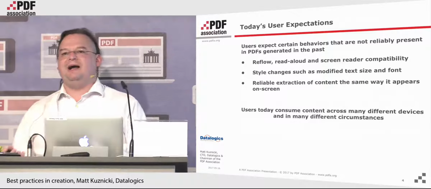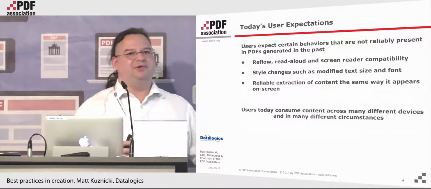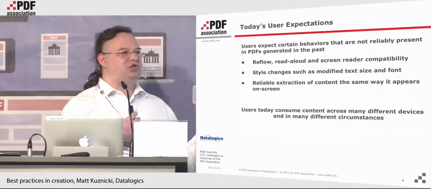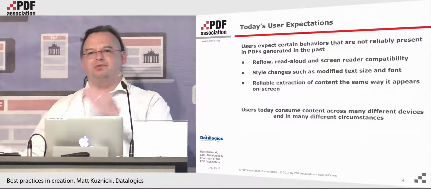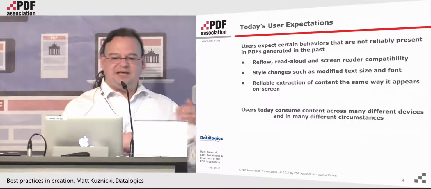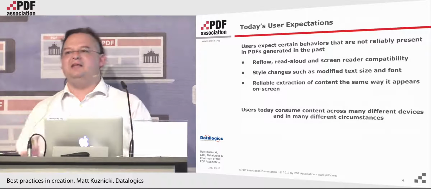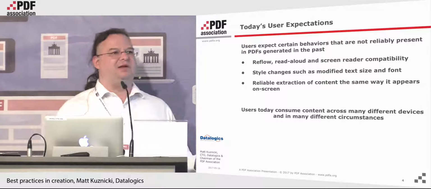Well, they expect content and information, even when its presentation adapts, to be reliably extractable and to come out into other programs, into cut and paste workflows, into save as workflows. They expect it to come out in the same way that they see it on screen.